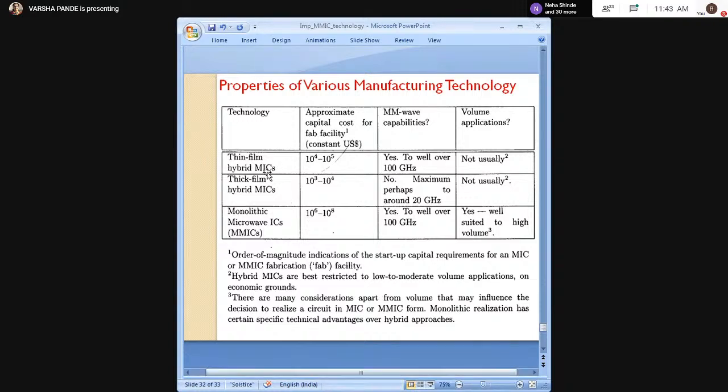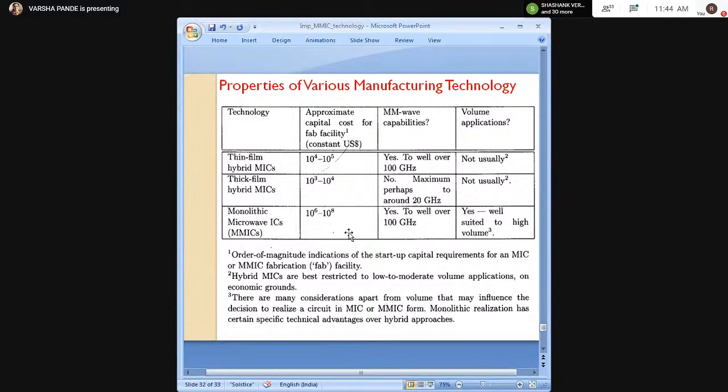Here already I told you thin film hybrid MIC, thick film hybrid MIC. These two are hybrid. Hybrid means individually diodes, transistors, capacitors, inductors are all fabricated in different chips or different integrated circuits, and then all are assembled together to have a complete circuit. This is nothing but a hybrid MIC. And monolithic microwave IC, in which all the devices are fabricated on a single integrated chip.